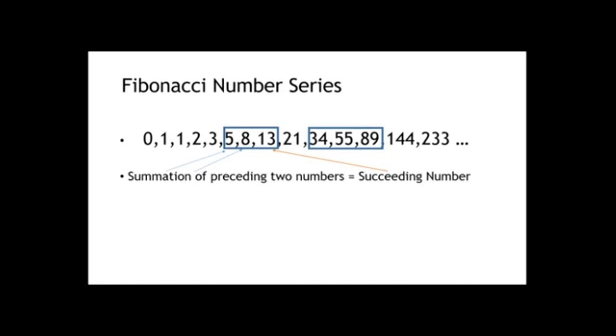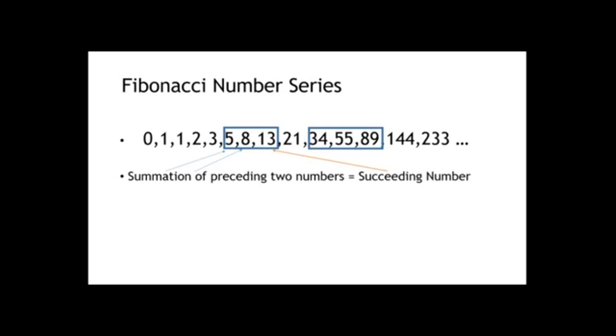Like that, if you add 144 and 233, you get 377. Then with 377, you can add 233, and you can go on till infinity, adding two numbers to get the next number. This was the Fibonacci number series.